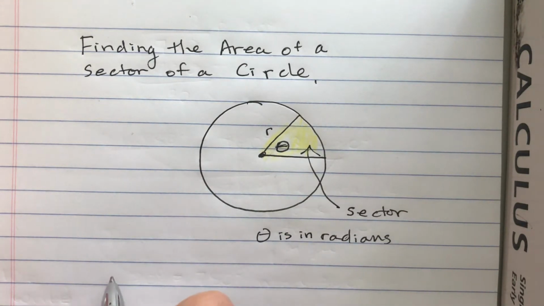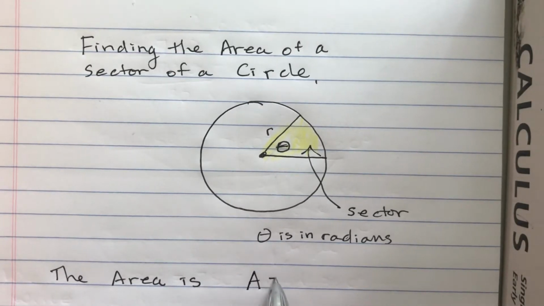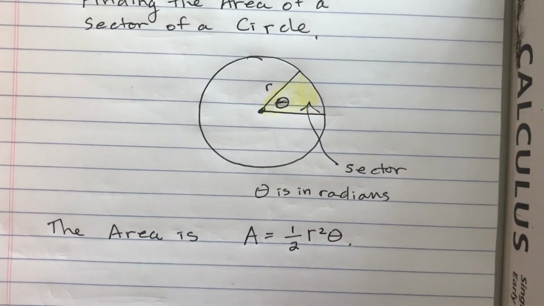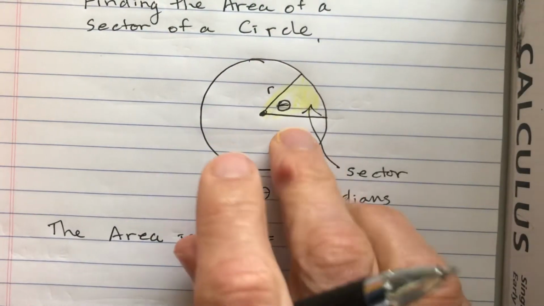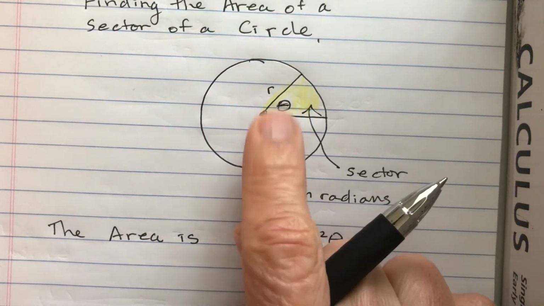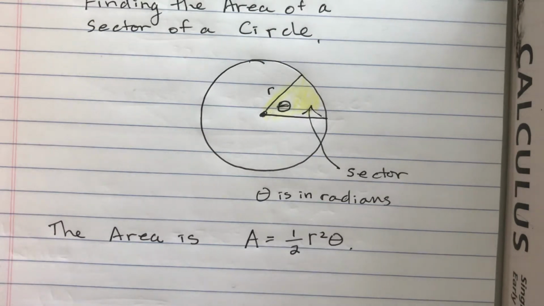So the area is A equals 1/2 R squared theta. Now, we could derive the formula by using the fact that the area of the circle, or actually the disk, would be pi r squared.